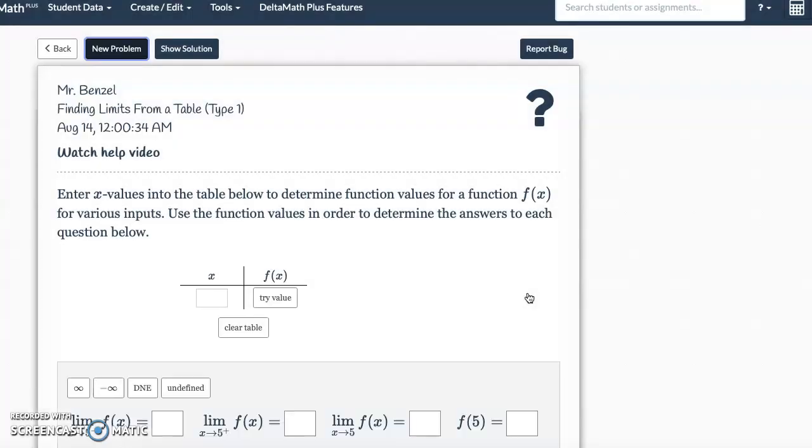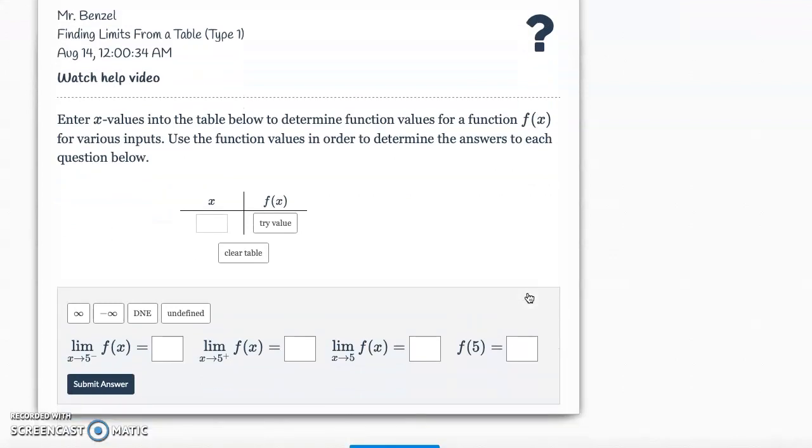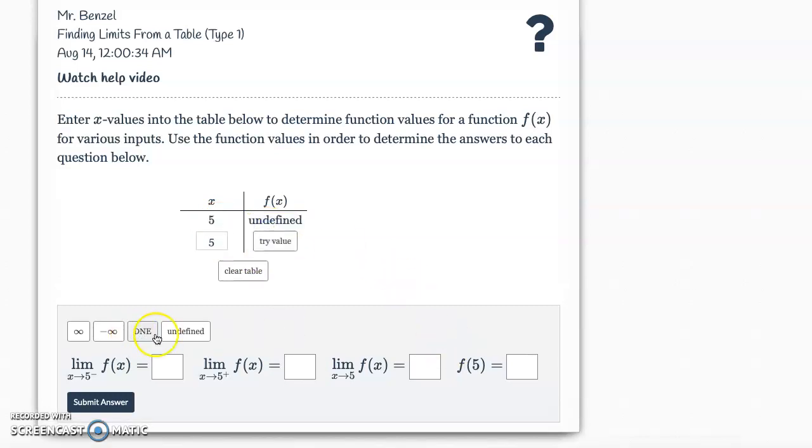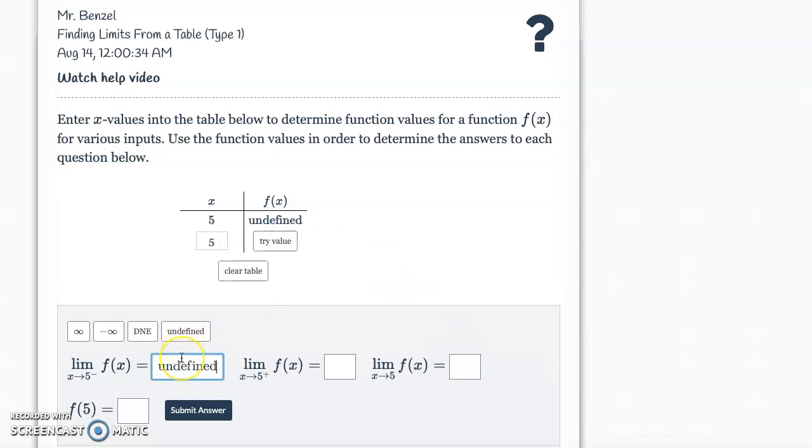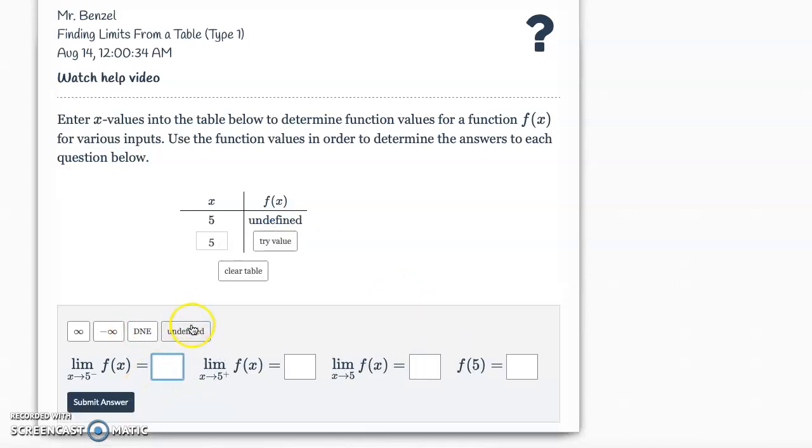Let's try something a little more interesting. Let's just do one more. I'm going to see what the y value is at 5, and that tells me that it's undefined. So I'm going to move the undefined box to f of 5.